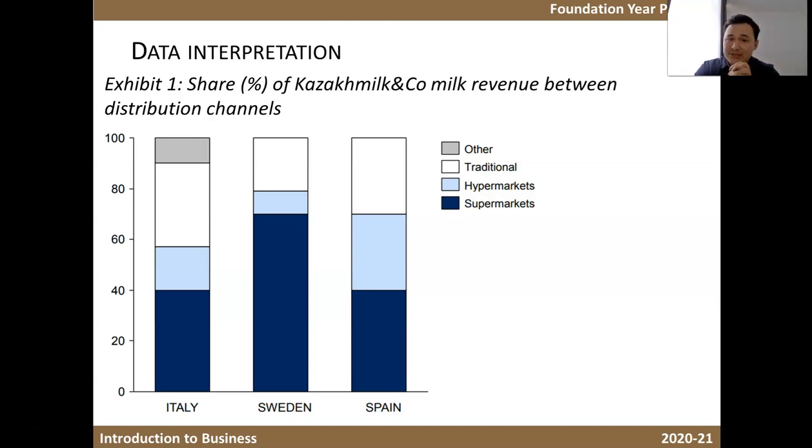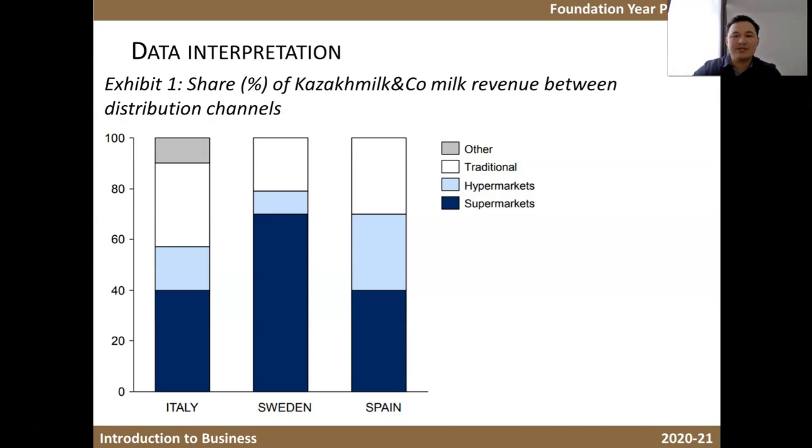Okay, so let's say that there is a hypothetical company called Kazakh Milk and Co. It works in 3 countries: Italy, Sweden, and Spain. And this is a percentage distribution of their sales revenue in these 3 countries. Within the country, there are different distribution channels.